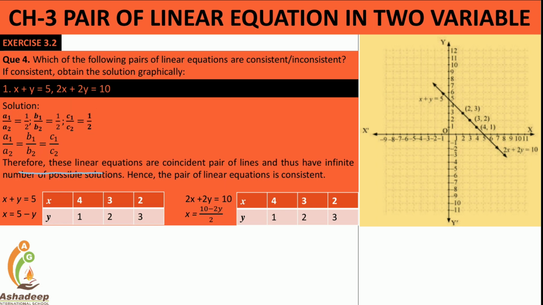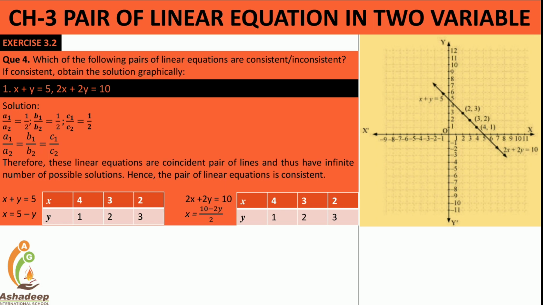So every ratio is equal. Each and every ratio is equal, so there are an infinite number of solutions. Why? Because the two lines lie on each other. So therefore these lines are a consistent pair, thus infinitely many solutions are possible. Here what is given? If it is consistent, and here it is consistent, so we need to find the solution with the graphical method, right?